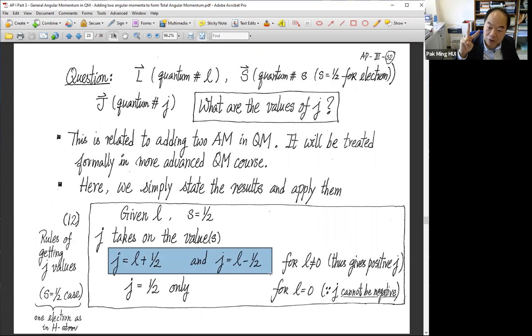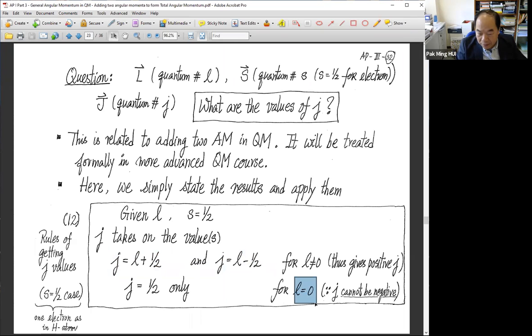2 different values of J, okay? That is to say, for P state, L equals 1, J can be 3 over 2, 1.5, or 1 over 2, half, 0.5. That is 1 plus half, 1 minus half, okay? How about S state?